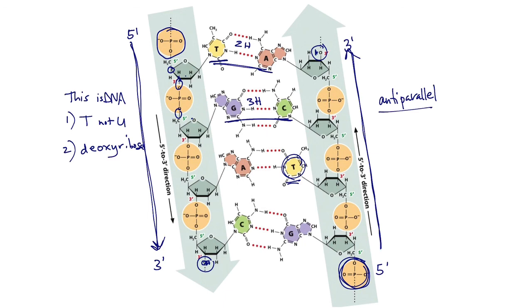So if we look at our 3' most sugar group down here, you can see we've got 1 OH group, and then here we have no OH. It's been removed, right? We've got deoxy sugars. Each of these sugars is missing that second oxygen. This is deoxyribose. It's not ribose, so it's not RNA.